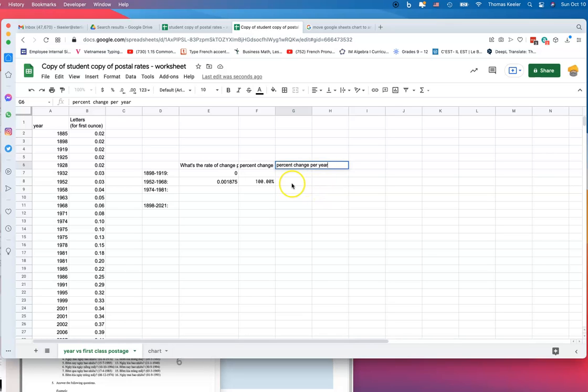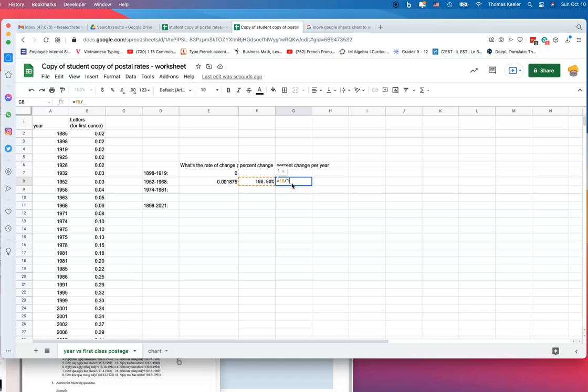But the last thing is, let's do percent change per year. Okay, so the price went up 100%, but over a course of 16 years. Okay, so how much change is that per year? Okay, so we're going to say equals what's in the previous one, so that's F8. Okay, so that computation, how much was the percent change, divided by the change in years, right?